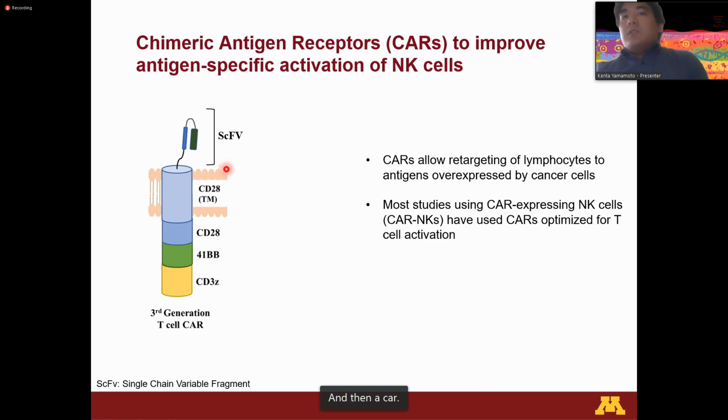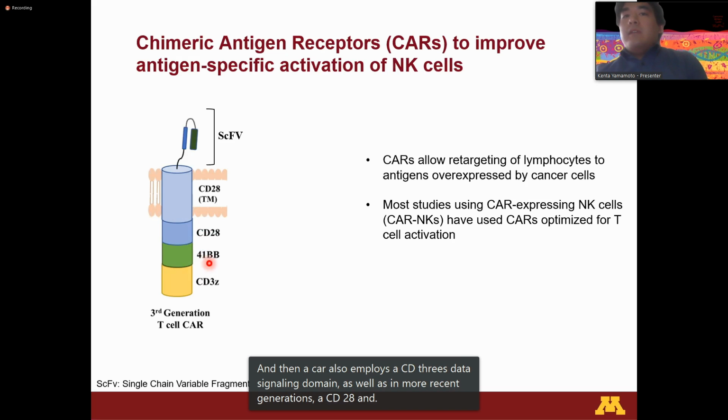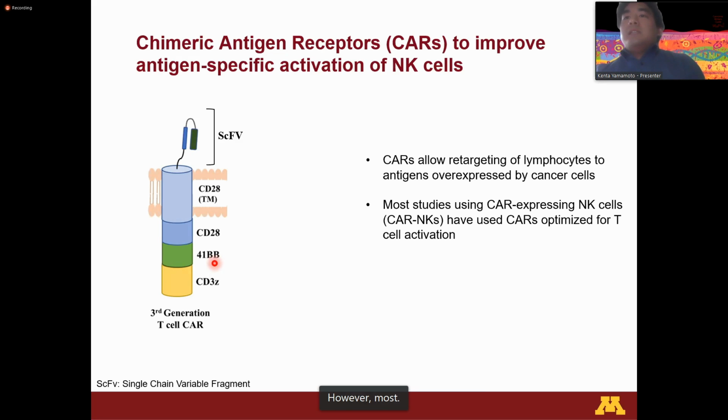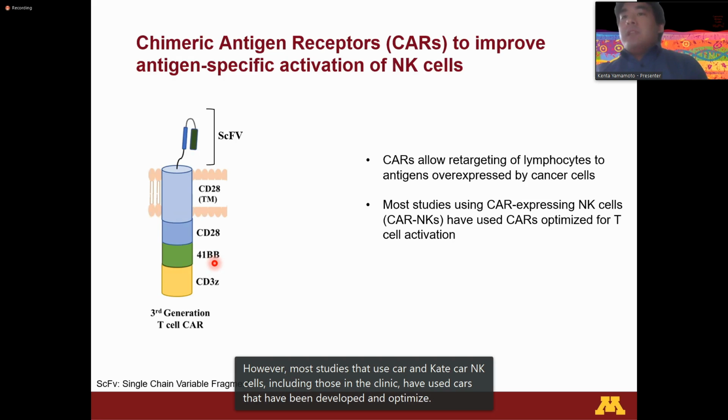And then a CAR also employs a CD3 zeta signaling domain, as well as, in more recent generations, a CD28 and/or a 41BB co-stimulatory domain to allow for even more activation of lymphocytes. However, most studies that use CAR NK cells, including those in the clinic, have used CARs that have been developed and optimized for the activation of T cells and not NK cells.